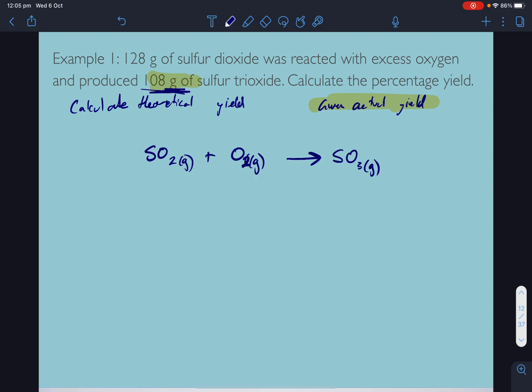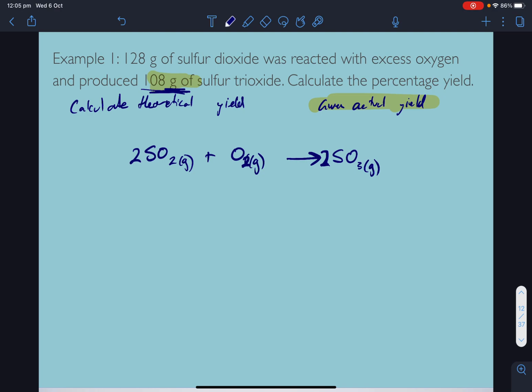Let's balance it out. We need 3/2 of that one, so we need two of those, and so we've got 6, 4, 6. I think that's good, isn't it? 2 sulfurs, 6 oxygens, good.